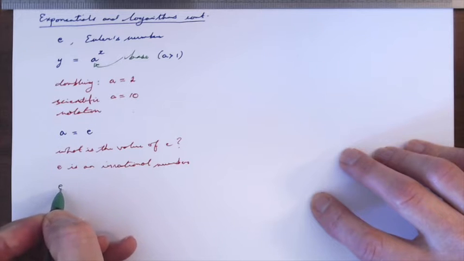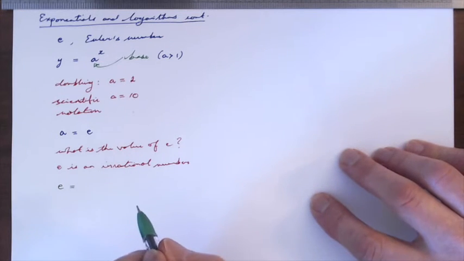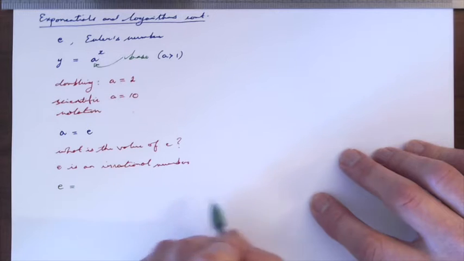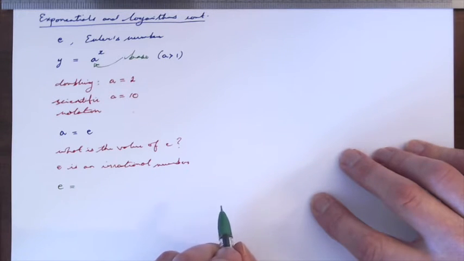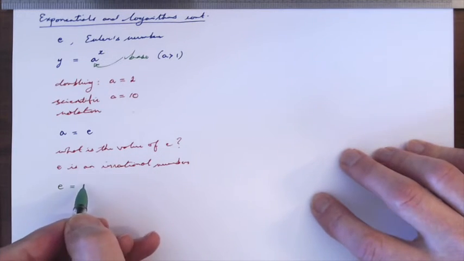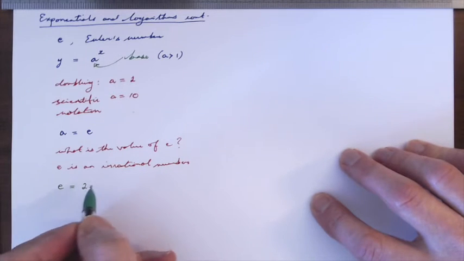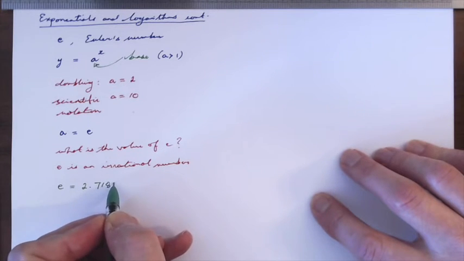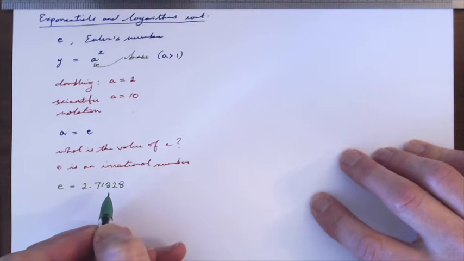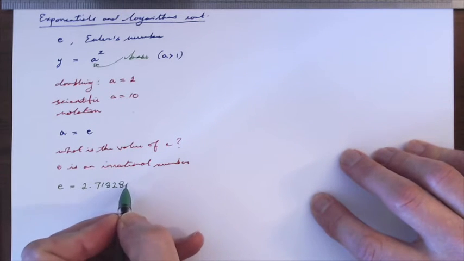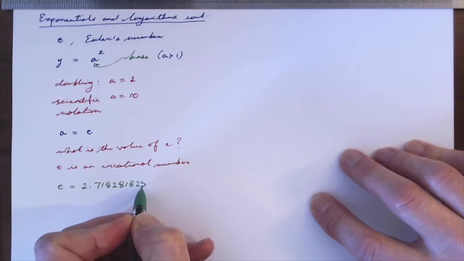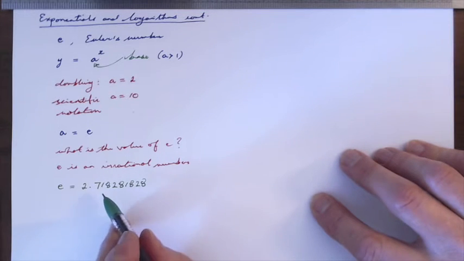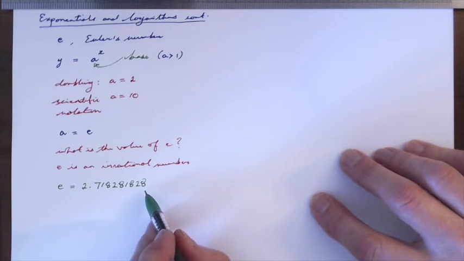This is its value. Because it's irrational, if we write it as a decimal, the digits will go on forever. And let me just write down the first several digits here. So it's 2.7, and then a repeating set that must have led people early on to think that perhaps it was a rational number, 1828, 1828. Although I suspect it was known to be irrational before people could work out this level of precision.